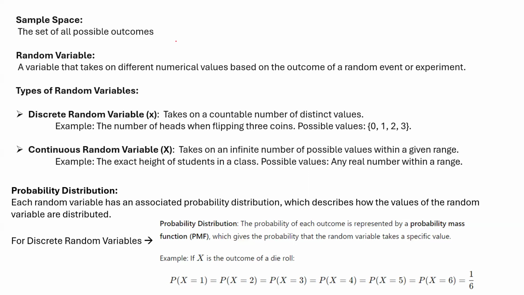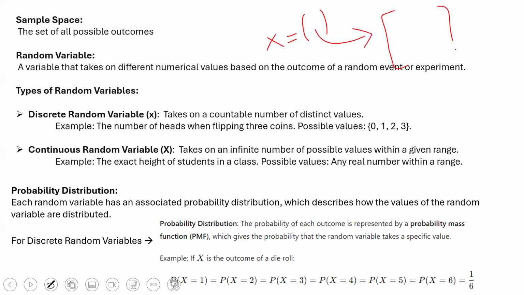Just treat it as a variable which takes different values. And what are those different values? They are one of the outcomes of an experiment. For the dice, the possible outcomes are 1 to 6, and the random variable can take any of these outcomes.